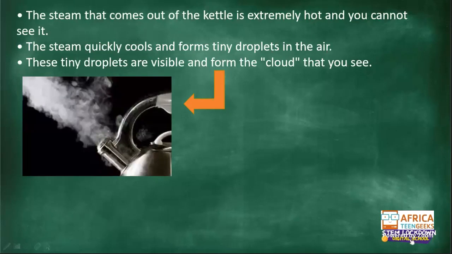So all of this white cloud is tiny droplets that are starting to form because the gas is now colder. It goes from hot into air that is colder than where it came from. Okay, so that is the cloud that you see.